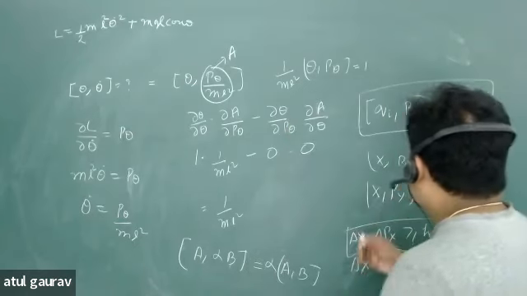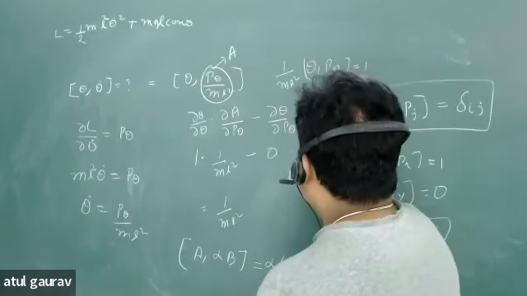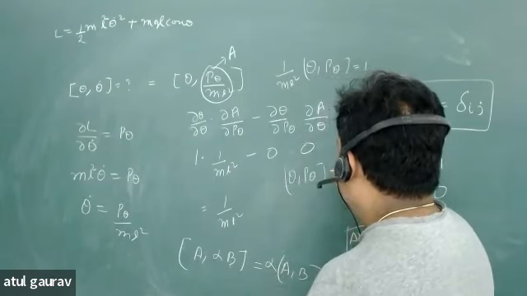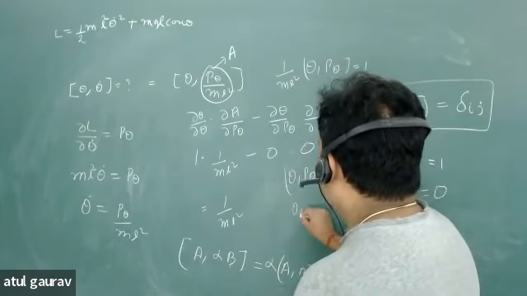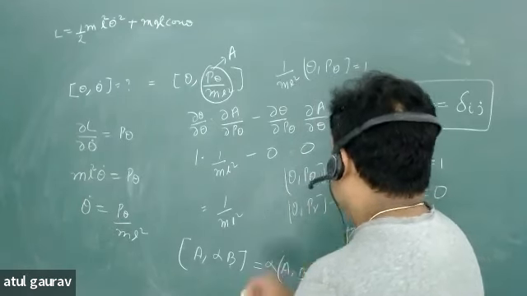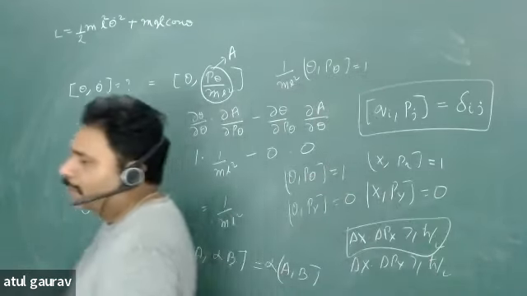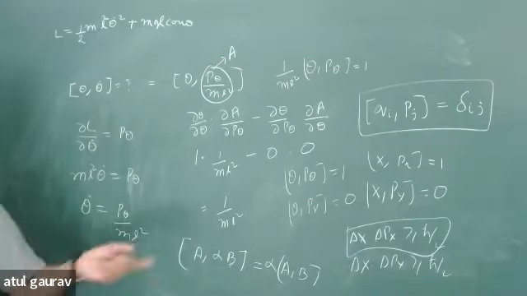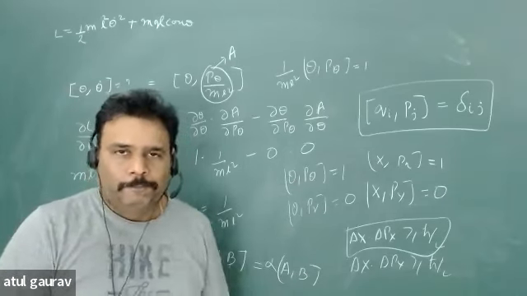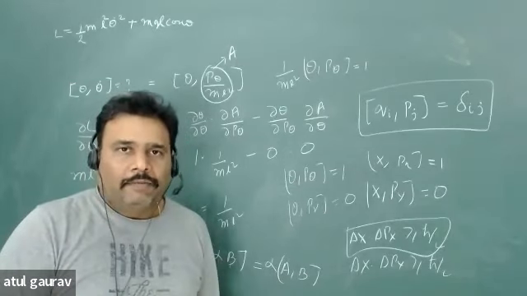So similarly, can you please tell me theta and p theta? What will happen to this one? 1. But theta and p_r are 0. Because theta is another variable and p_r is related to the r coordinate if I am talking about polar coordinates. Are you getting my point?